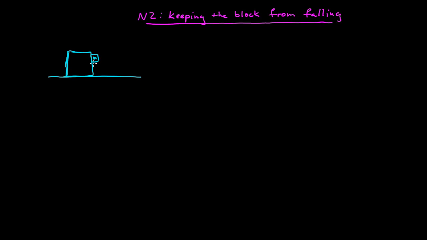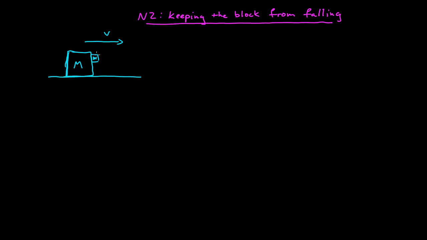So the smaller block has some mass m. And so I might ask, is there any speed at which I can move this object to keep this small mass from falling? So if this large mass moves very quickly, how fast does it have to go at constant speed to keep the mass from falling?